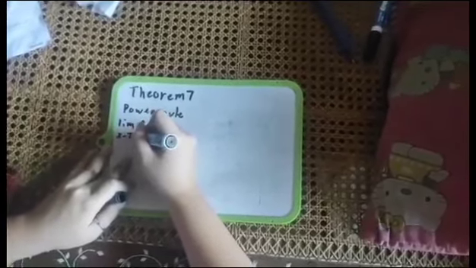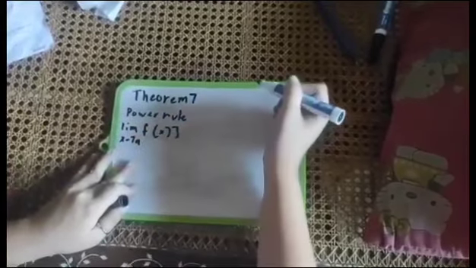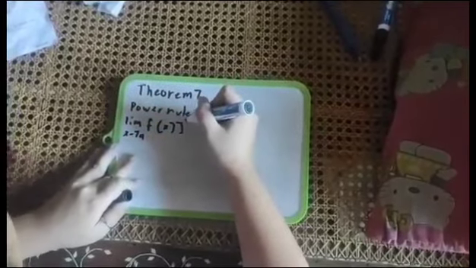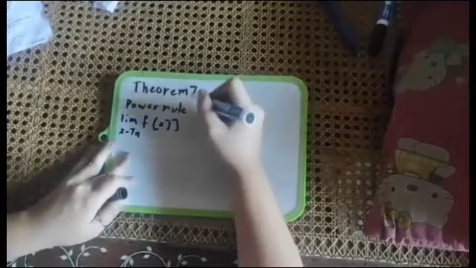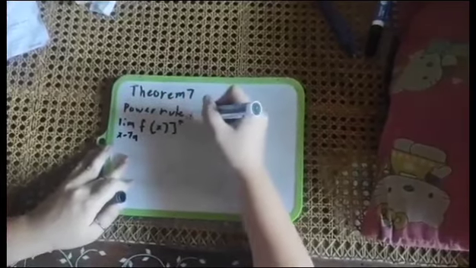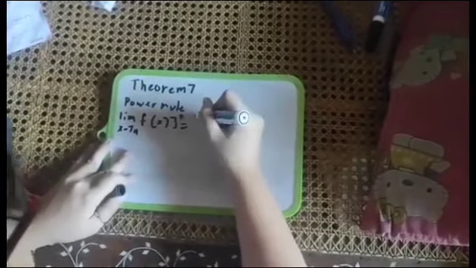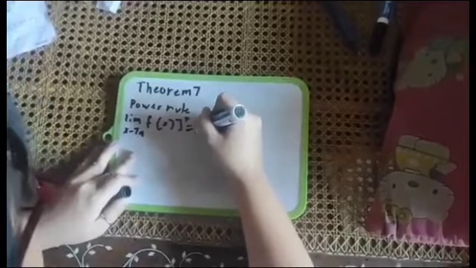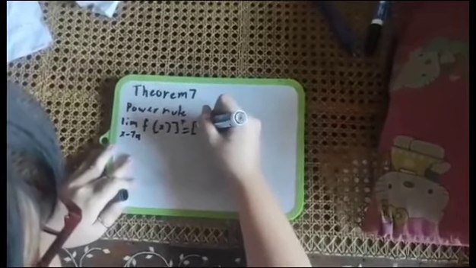That's the formula. The limit of a certain function raised to a certain exponent as x approaches a, you can separate it, you can take the power out. Get the limit of the inside first, then apply the power.